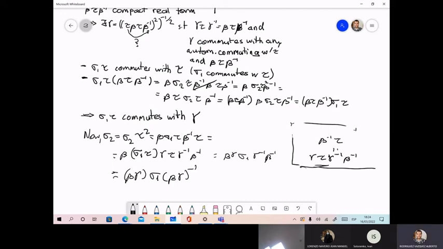Yes, because this looks like beta is an involution also. Now I'm a bit lost. No, it's not. Okay, so here I made a mistake.